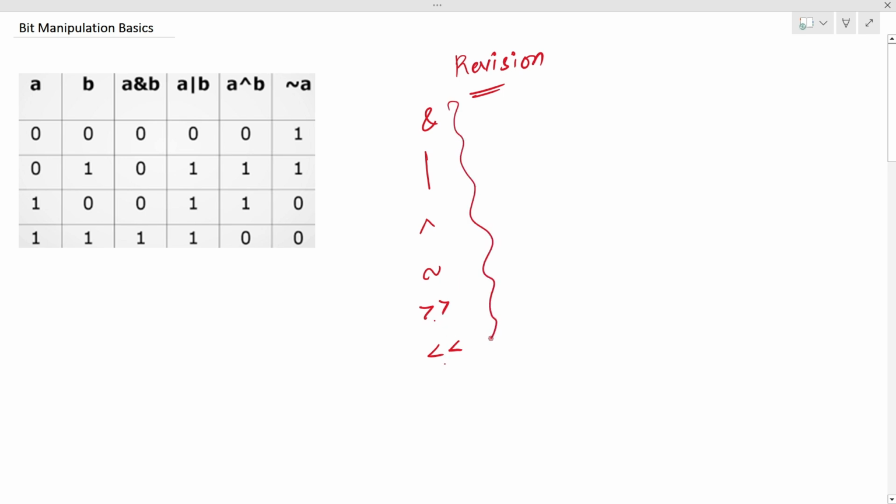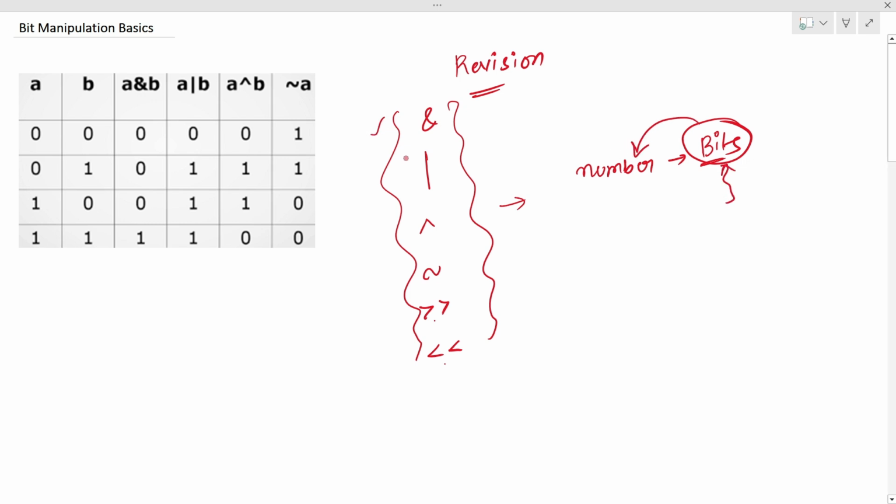We know that these operators are intended to be used only for the bitwise representation of numbers. Of course, each number in any computer is stored in terms of bits, right? So if you want to perform any operations on the bits present in a number, then you can use these operators.